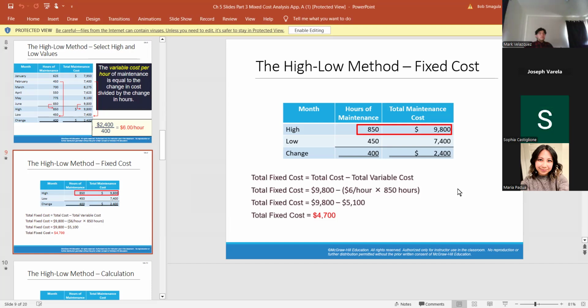Now we can find the fixed cost. Total fixed cost equals total cost minus variable. I don't like the way they're setting it up. I try to say total cost equals total variable plus total fixed. But let's work with these guys, okay?